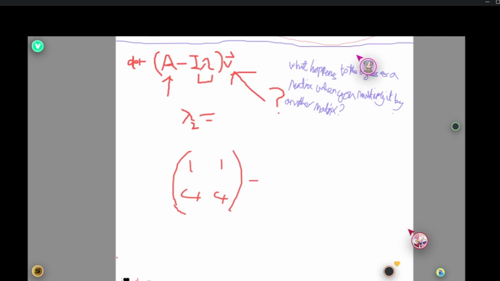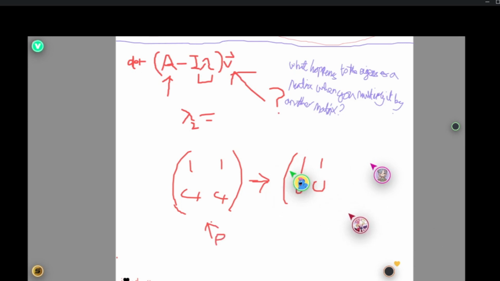Yep, and this will go to 1, 1, not, because we subtracted, so we have R2 just equal to R2 minus 4 times row 1.